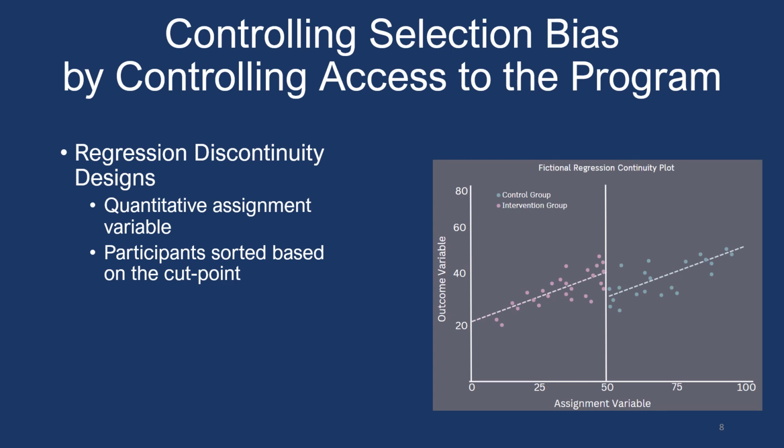The key is that this assignment variable and its related cut point is not related to the outcome variable. It's not expected to co-vary. It's not expected to influence the outcome. And thus, we know that it's not going to impact the outcome variable.